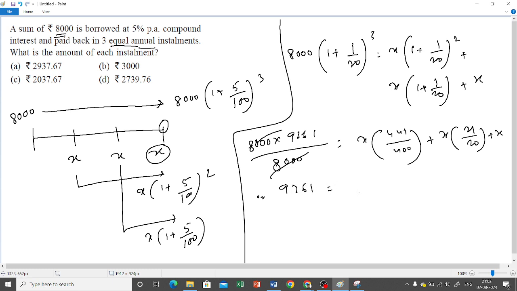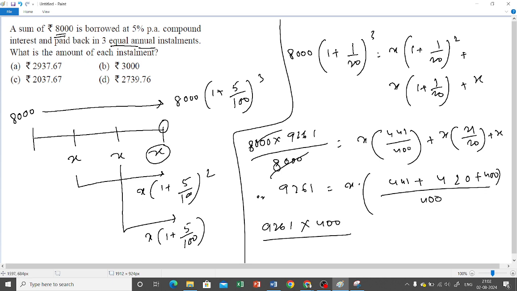Now this is our calculation. So I can take x common. If I add this, I'll get 820, and 820 plus 441 is 1261.